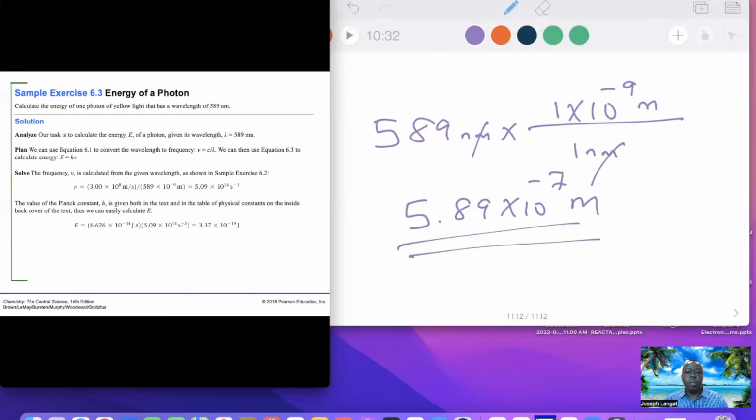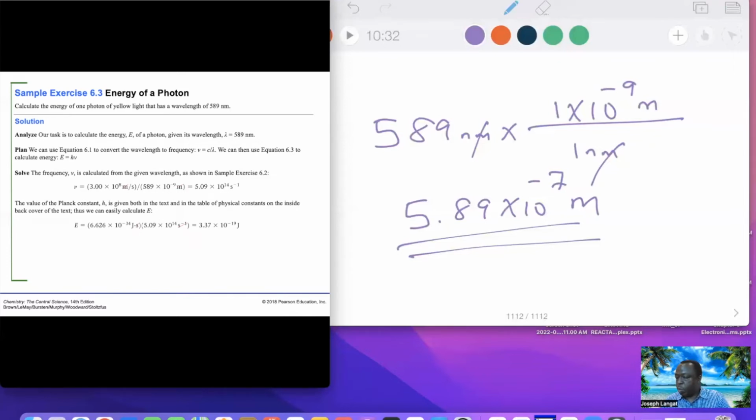With this value we have the frequency, so we now multiply by Planck's constant, h, with the units reconciled, and this is in joules. It was given to 3 significant figures, so we express our final answer with 3 significant figures.